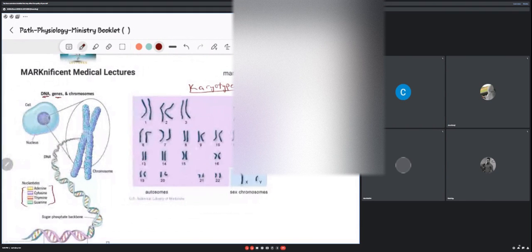Now, normally there are supposed to be pairs of the chromosomes you're seeing here. Pair 1, pair 2, pair 3, down to 22 pairs of the autosomes. We call them autosomes because they're the normal chromosomes. Then we have another pair for the sex chromosomes, either X and Y for a male or X and X for a female.